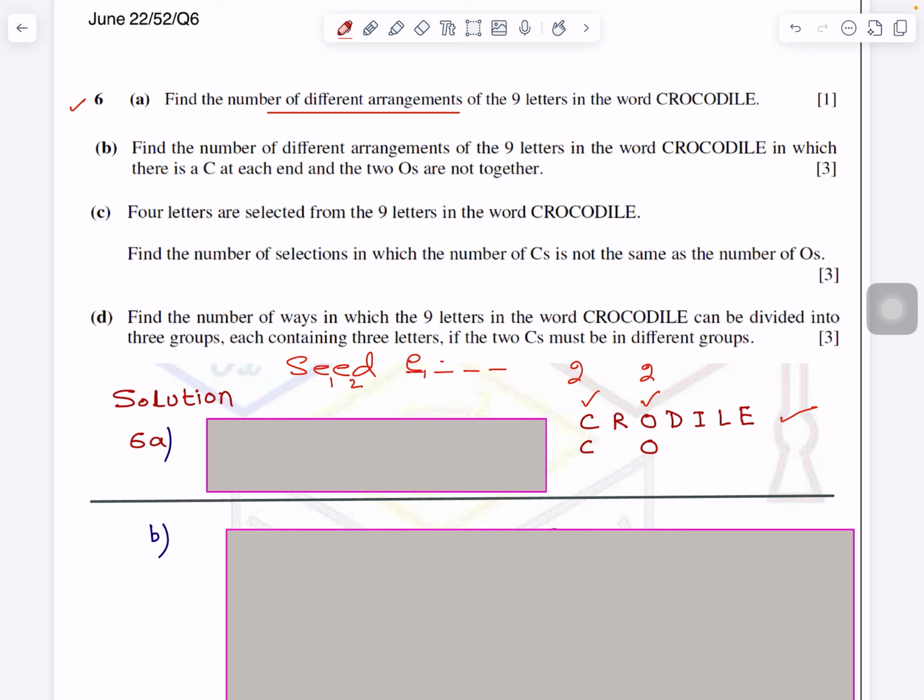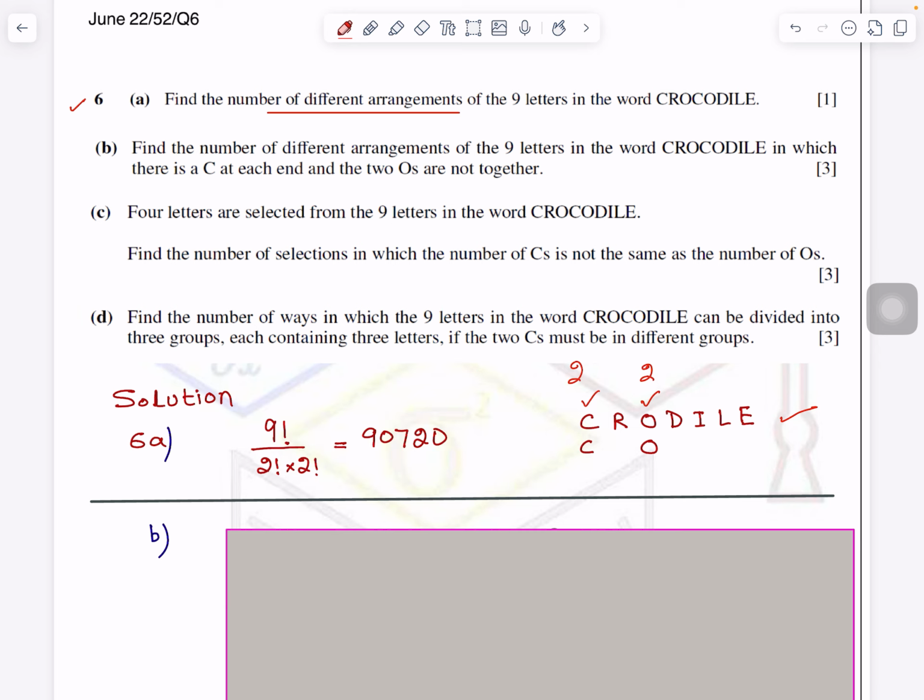If E1 comes here, E2 comes here, or E2 comes here and E1, will there be any difference? No difference, no? It will be considered the same. So that's why we divide, so that all those cases which are similar in arrangement can be cancelled out. So we will do 9 factorial divided by 2 factorial divided by 2 factorial.